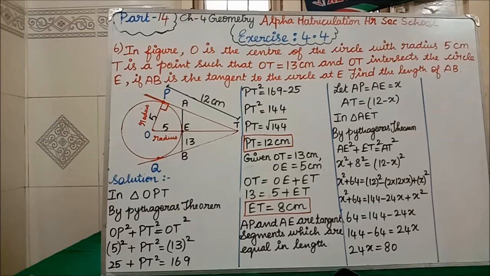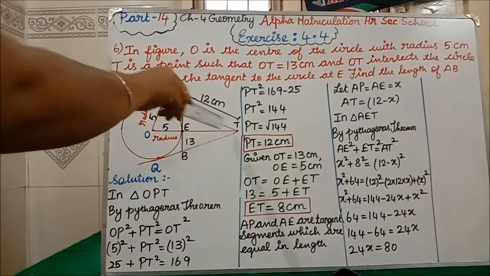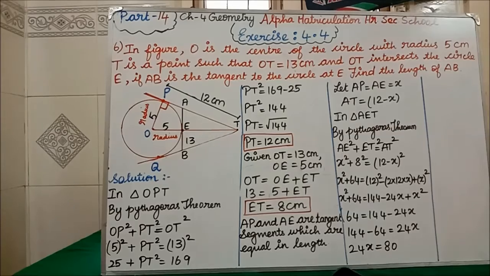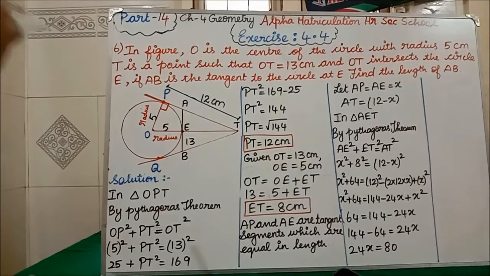From the fourth problem we have seen the radius and the tangent are perpendicular. So I have drawn the perpendicular. Perpendicular means we can go for the Pythagoras theorem, because perpendicular means right angle triangle, isn't it? So by Pythagoras theorem, I will draw and show you that right angle triangle separately.